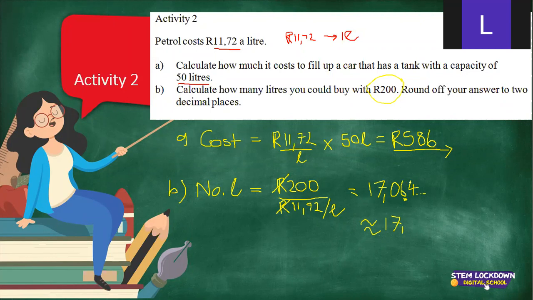Remember, if the number next to the 6 is a 4 or below, 3, 2, 0, this 6 does not change. But if it is a 5 upwards, this 6 will go up by 1 to a 7. So my answer will be 17.06 liters. That was simple as well. Let's carry on. We still have another 15 minutes or so.